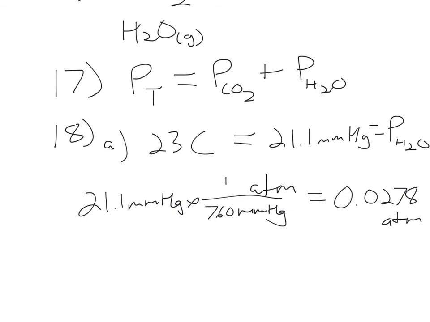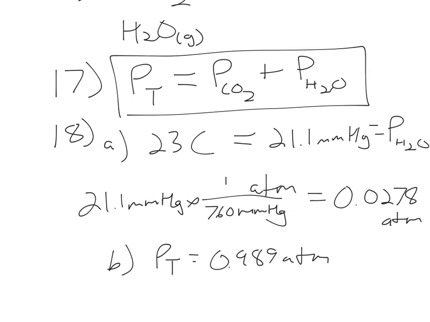Okay. Part B, 18B, says, if the atmospheric pressure in the lab and in the bottle is 0.989 atmospheres, what is the partial pressure? So when they say the atmospheric pressure, they mean the total. Total pressure in the bottle is 0.989 atmospheres. But remember, this is also true. The total pressure is equal to the CO2 plus the H2O.